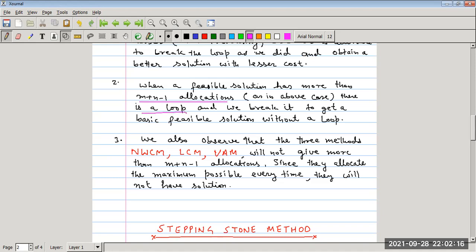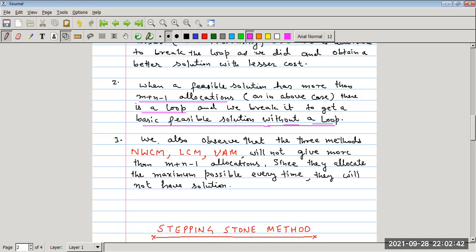So there is a loop, and we break it to get a basic feasible solution without a loop. So it means we have to reduce the number of allocations to exactly m plus n minus 1.